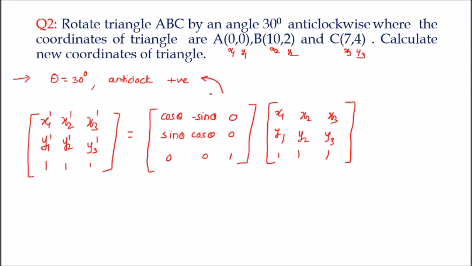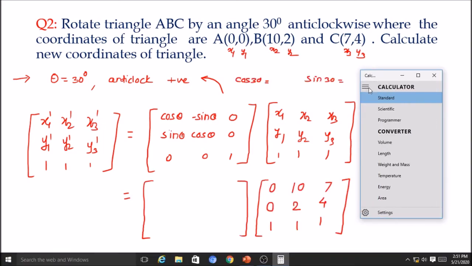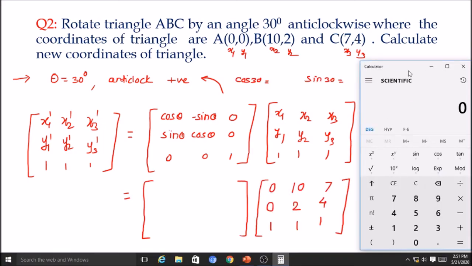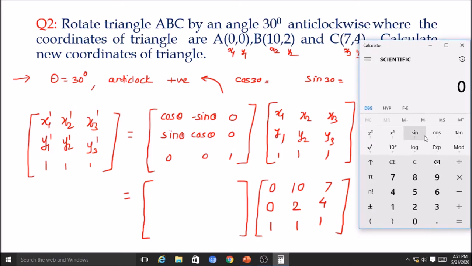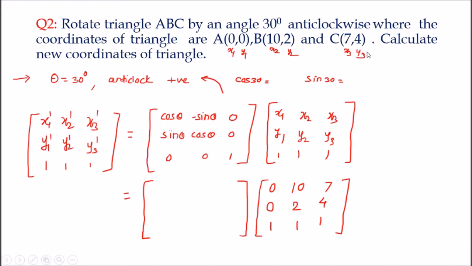Also we will calculate cos theta and sin theta. Use a scientific calculator. For 30 degrees, sin 30 is 0.5. Now what is cos 30? Cos 30 is 0.866. So cos 30 is equal to 0.866 and sin 30 is 0.5.